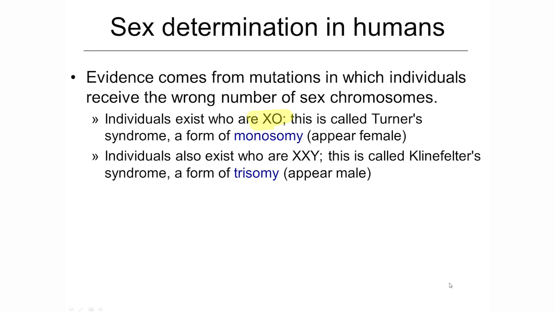Just to make sure you understand what I'm saying, algebraically, right? A diploid individual is 2n. If you're missing 1 member of 1 pair, you're 2n minus 1. In humans, that would mean that this person has a grand total of 45 chromosomes, right?